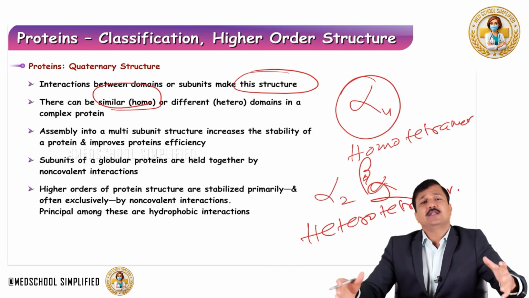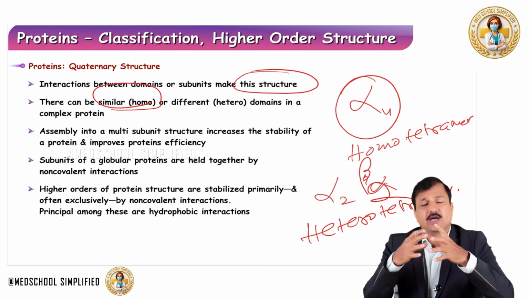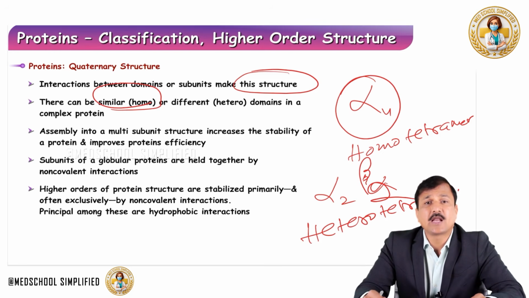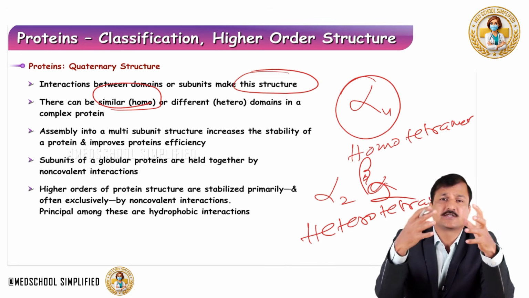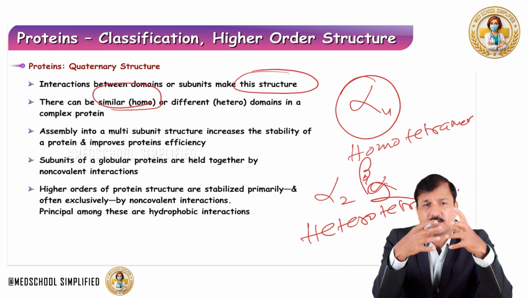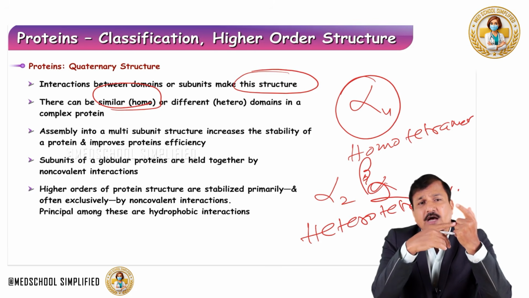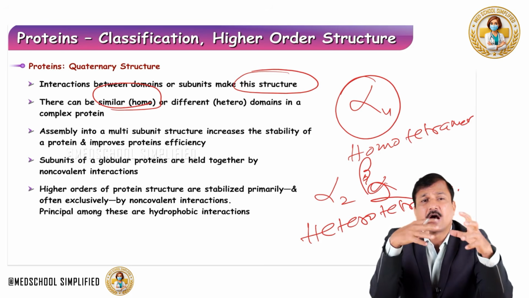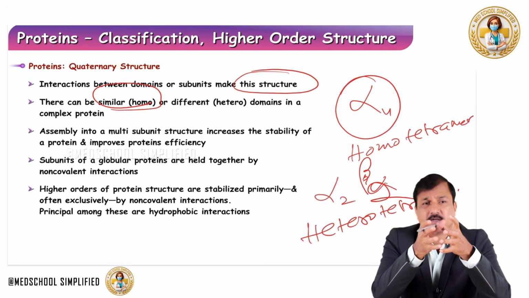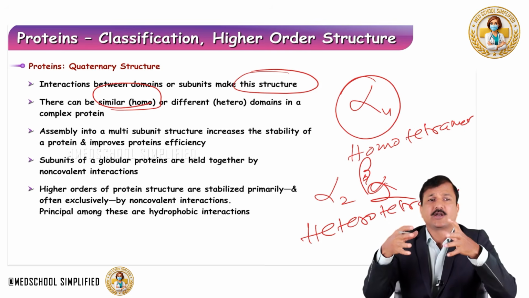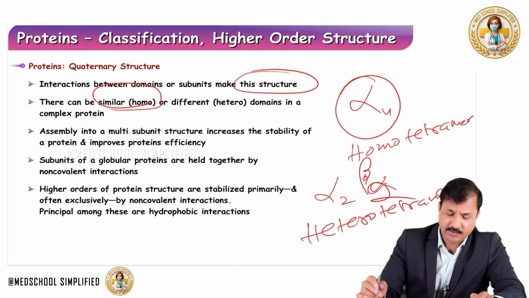All these subunits interact with one another by non-covalent interactions. The predominant interaction that brings all these subunits together is non-covalent in nature: hydrogen bond formation, hydrophobic bond formation, ionic interaction, weak van der Waals forces, disulfide linkages. All of them come together and make the quaternary structure of a protein molecule.